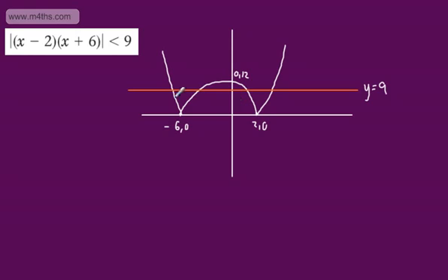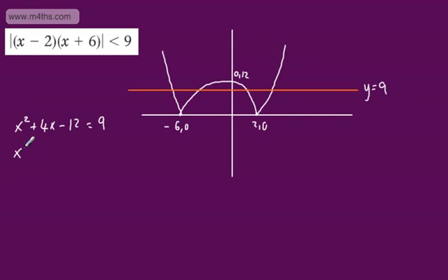If we consider this, we've now got, this is a positive parabola, this is a positive parabola, so we've got two solutions on the positive and also two solutions on the negative. So let's first take the positive. If I take the positive of the modulus here, we're going to have x squared plus 4x minus 12 is going to be equal to 9.